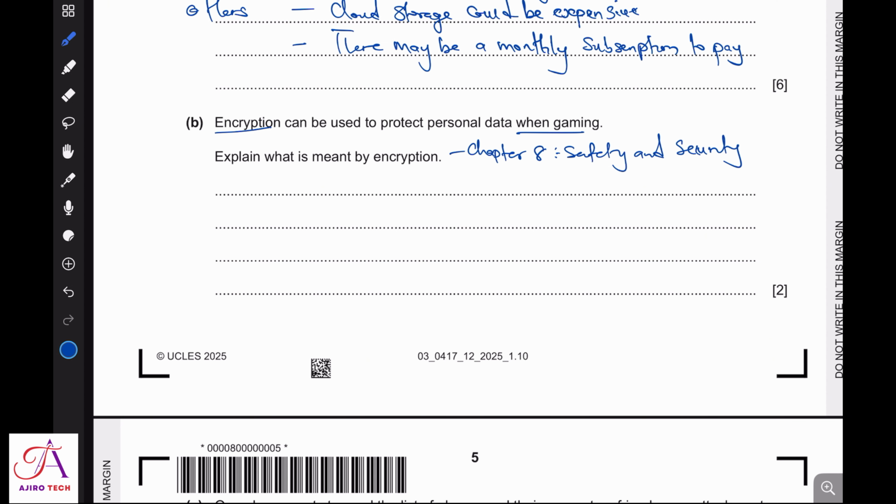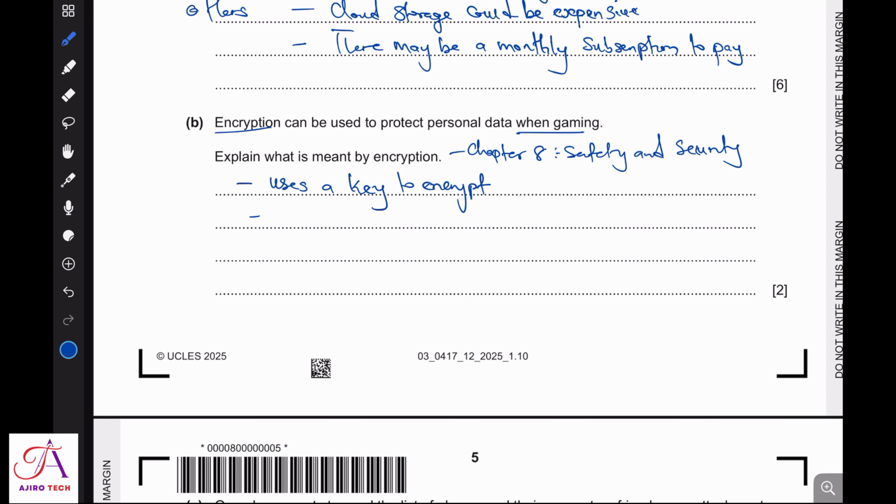So let's see how we can put this. My first point here is it alters the message to be meaningless. We can say it uses a key to encrypt.